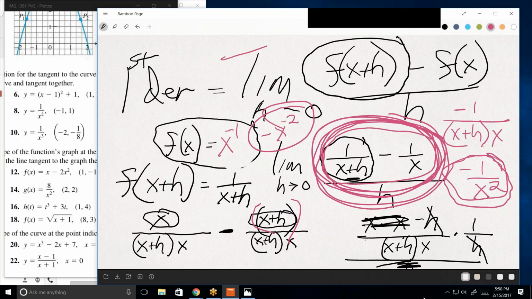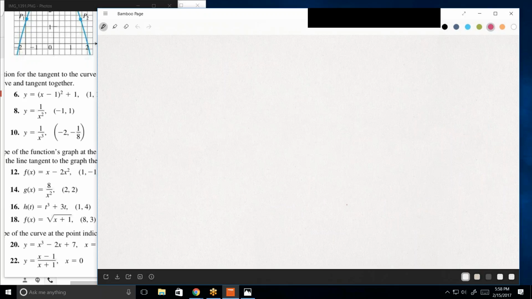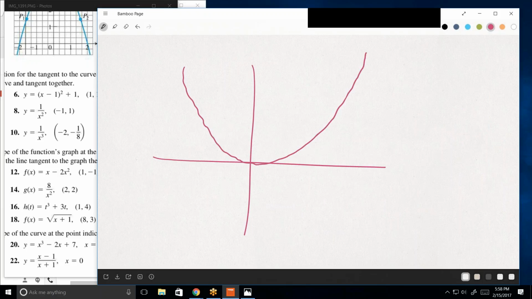Kind of, if somebody was going to explain calculus to somebody for the very first time, you would do it this way, because the whole thing of calculus is to find the slope of the tangent line. Well, how do you find the slope of a tangent line at that point right there? I can estimate it, but I don't really know what the slope of that line is.